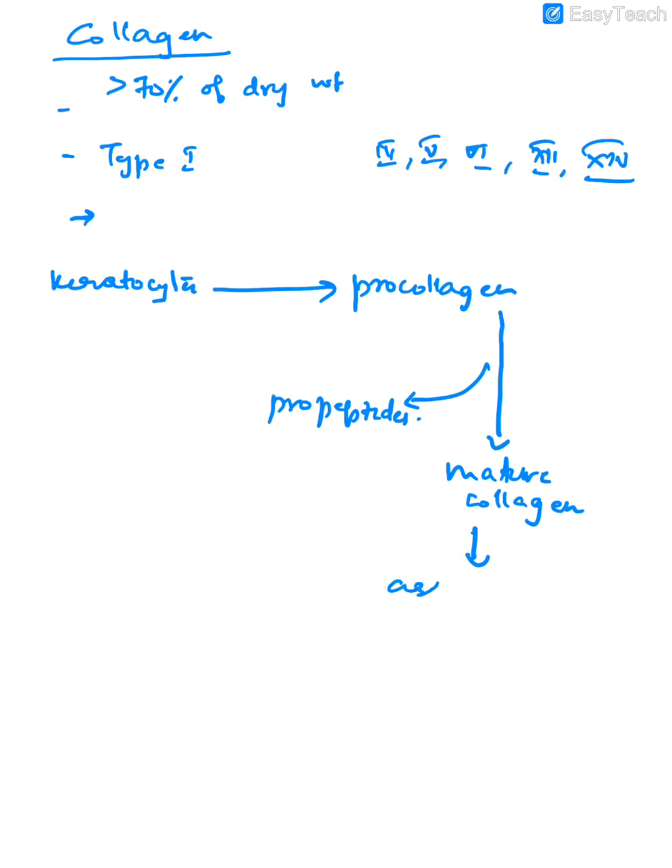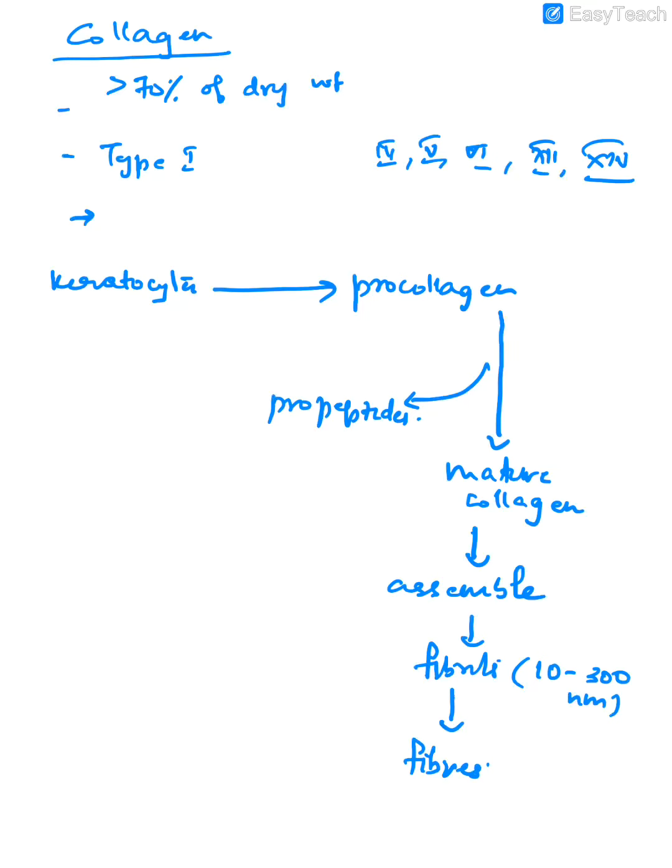These mature collagens assemble to form collagen fibrils, which are around 10 to 300 nanometers in size, and these fibrils get together to form fibers.